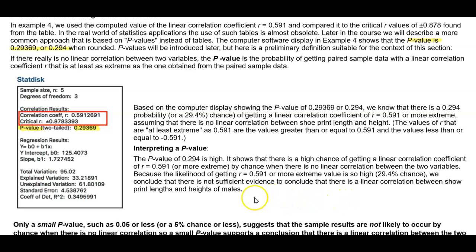Because the likelihood of getting R equal to 0.591 or more extreme is so high, again 29.4%, we would conclude that there is not sufficient evidence to conclude that there is a linear correlation between shoe print length and heights of males.